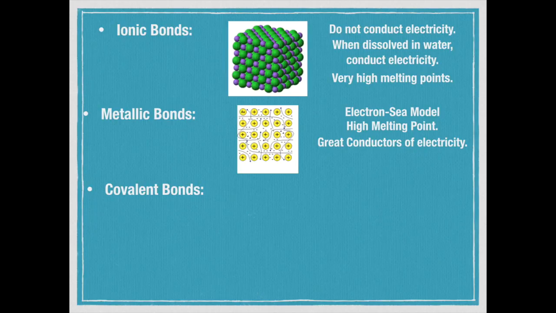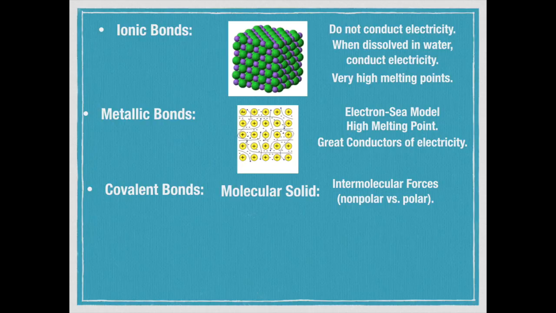For covalent bonds, there are two different types that we look at. The first is molecular solids. Molecular solids are discrete molecules like carbon dioxide or any of the other molecular compounds that we've looked at. When we're describing the characteristics of molecular solids, and what dictates how they're going to act, we look at their intermolecular forces.